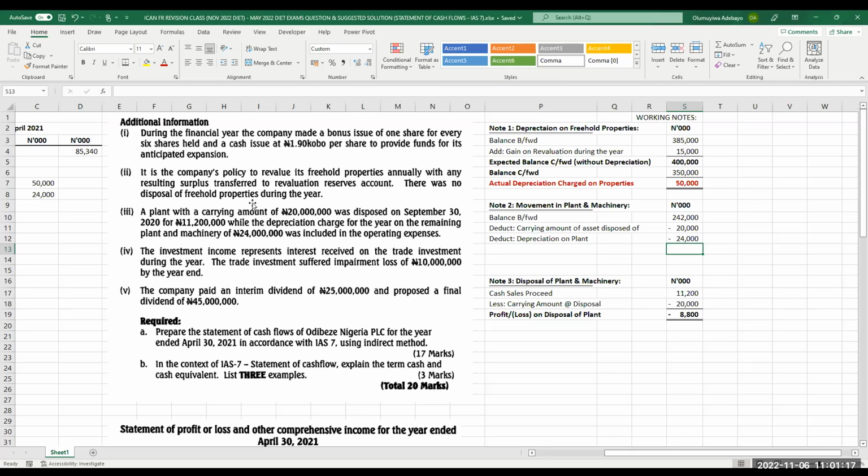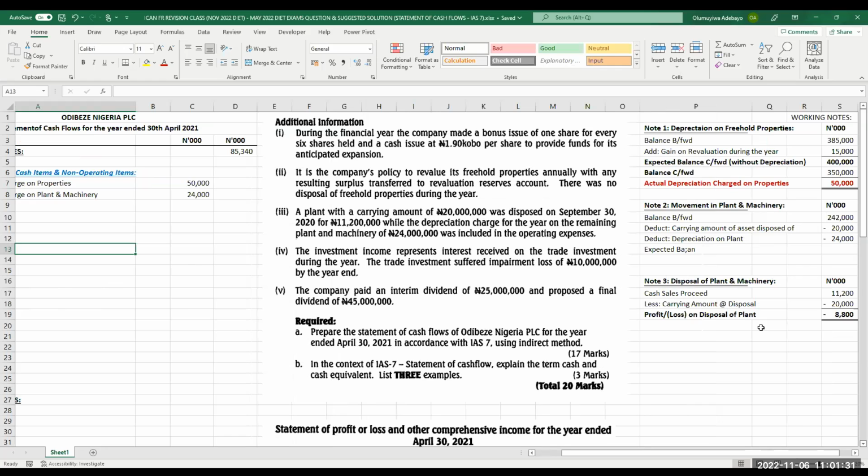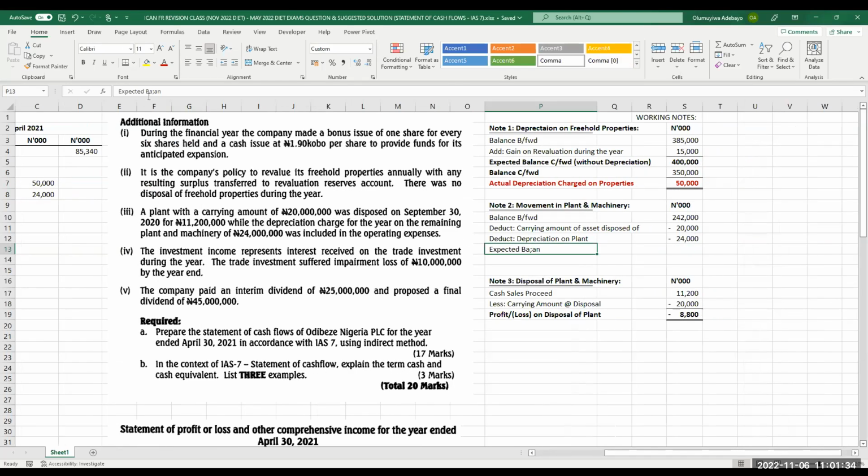Therefore, what is our expected balance as at the end of the year? It should have been 198,000.